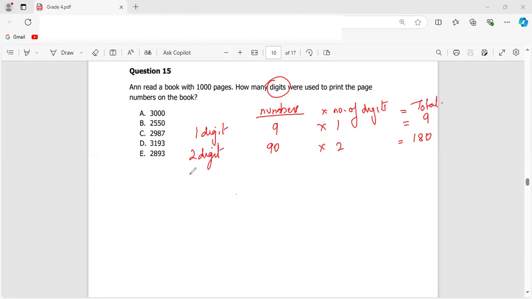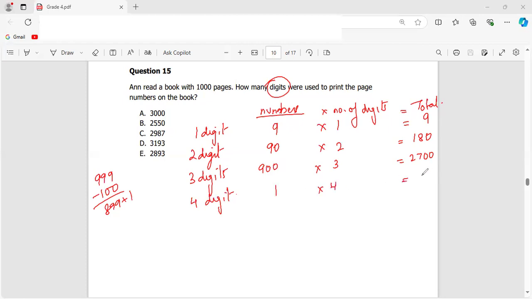And then how many three-digit numbers do I have? Again, it is 999 minus 100, which is 899 plus 1. So I have 900 three-digit numbers. So the number of digits used are 2700. And then how many four-digit numbers? It's only one number, which is your 1,000.